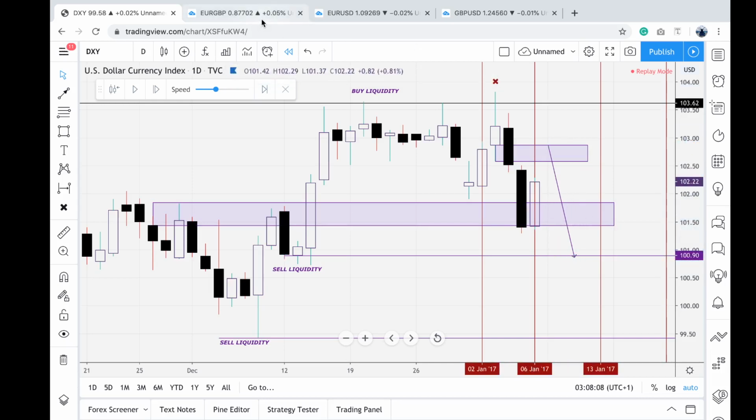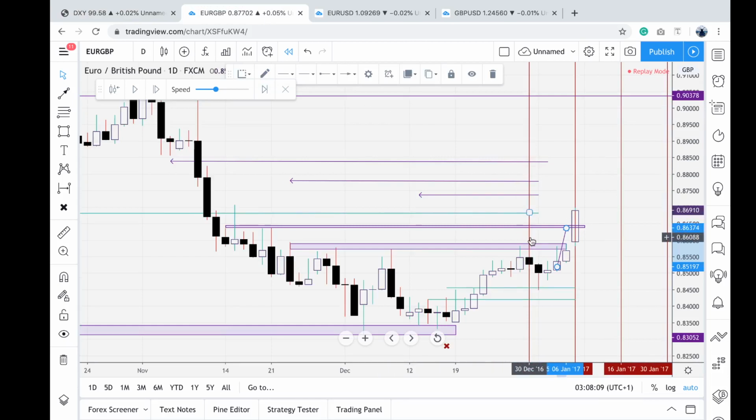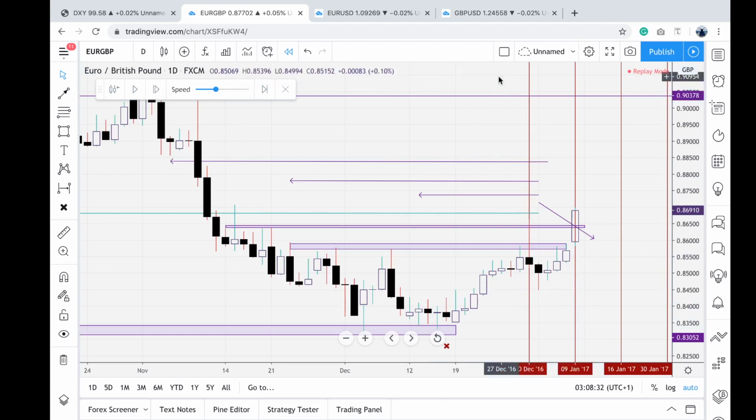And for euro pound, basically we've got into a weekly rejection block in euro pound. So from Monday we could probably see a retracement, because remember, we're still in a discount market in euro pound. So we could potentially see higher prices of euro pound. So let's delete this level, as we don't really need that level.